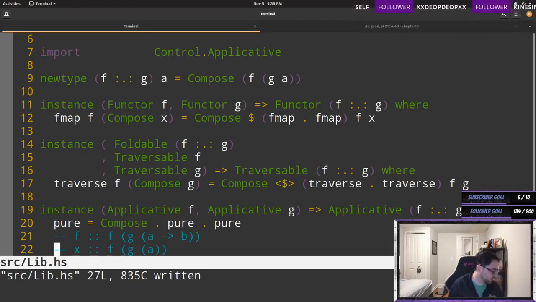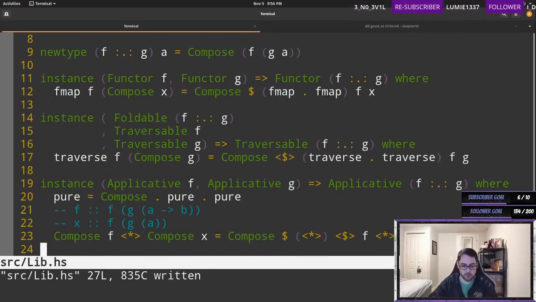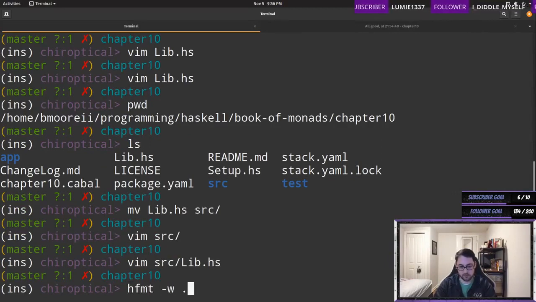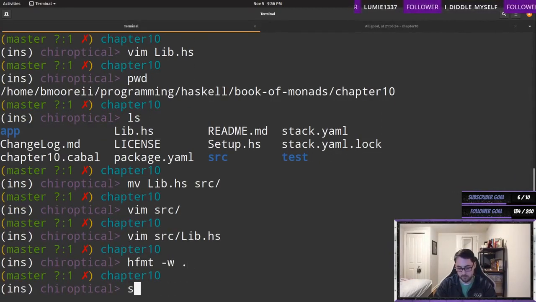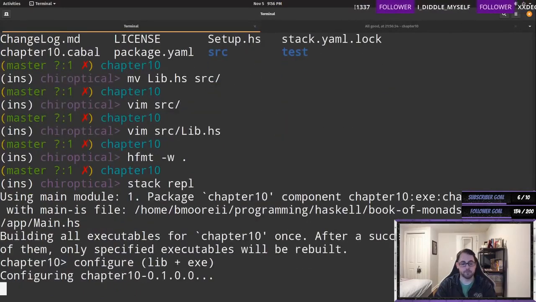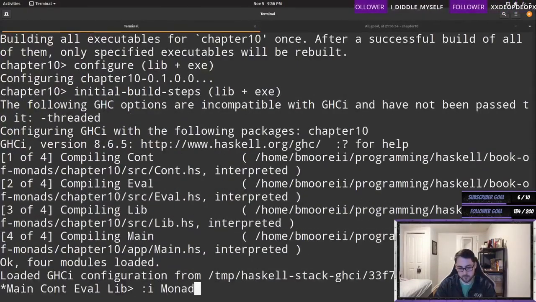In order to understand why you can't compose two of them generically, we're going to consider in greater detail the idea of monads as boxes. Okay, so let me just put this up here. I want to do this, and we'll do stack REPL. So info Monad.